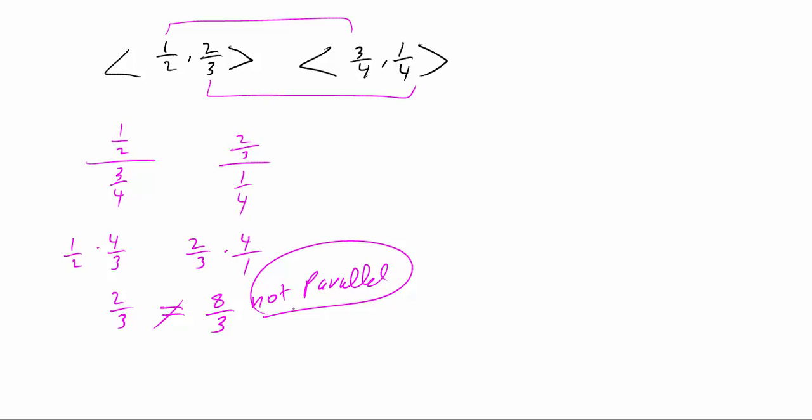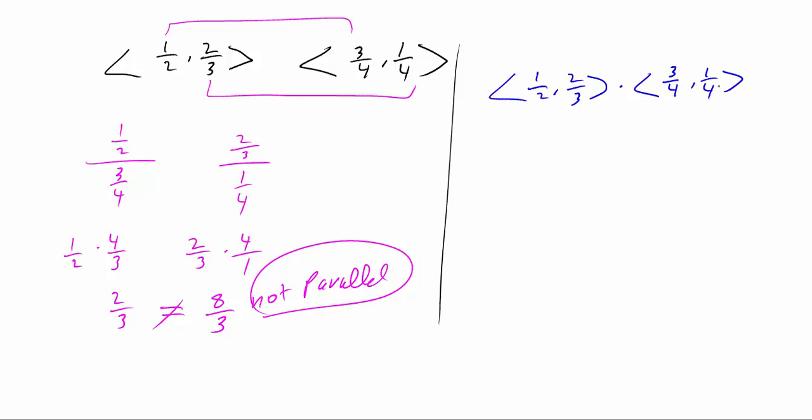So then we could look at to determine are they going to be orthogonal? Well, if we want to test for them to be orthogonal, then we would actually have to take the dot product. So that means we would take here 1/2, 2/3, and multiply that by 3/4 and 1/4.